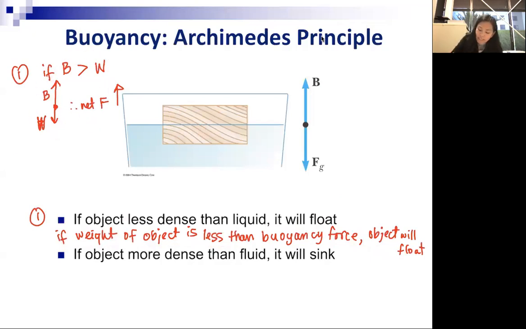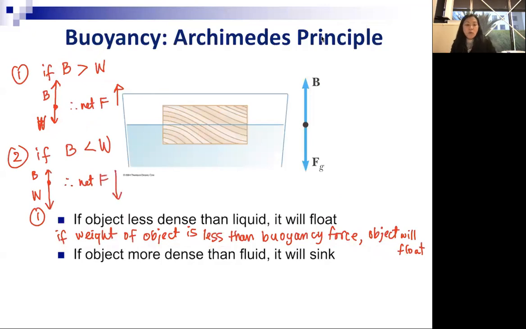For the second case, if the buoyancy force is less than the weight force, so that the free body diagram looks like this, the upward force is smaller than the downward force, then the net force will be downwards.